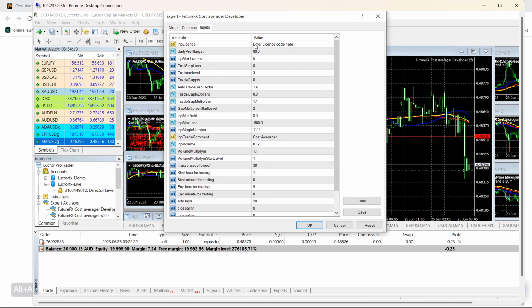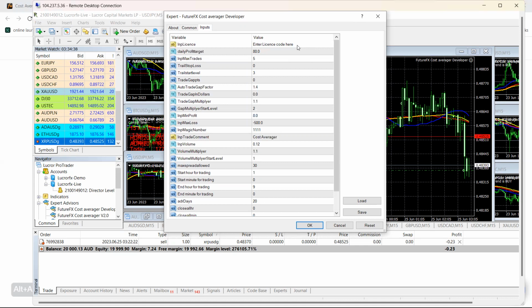Input license. When you purchase the software, you'll also end up with an activation key. That's what you need to place in here. Now, if I email you the activation key, or if I send it to you on Telegram, most people can just copy it from there and paste it straight into here and it will work fine.